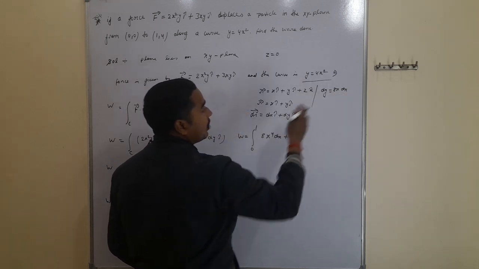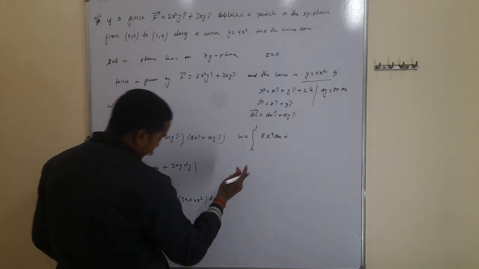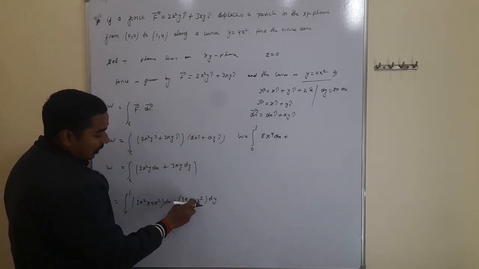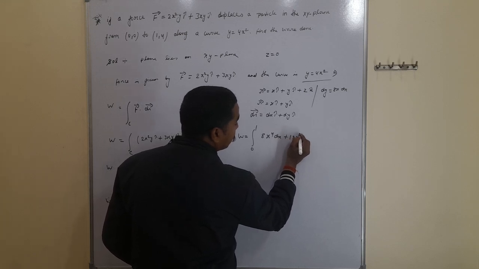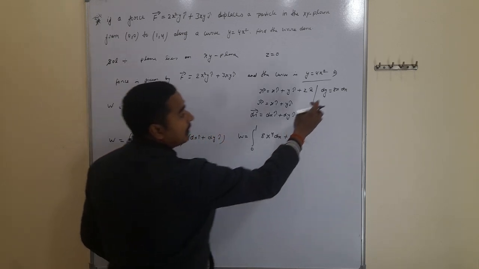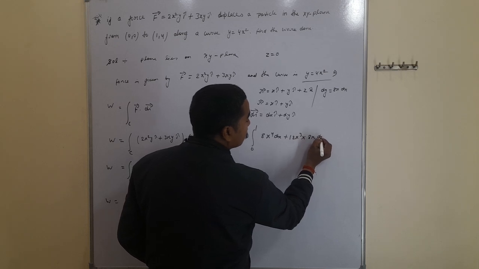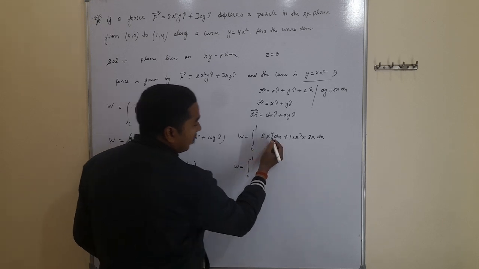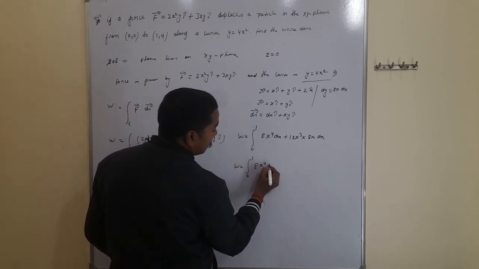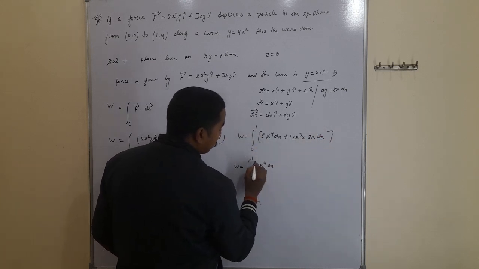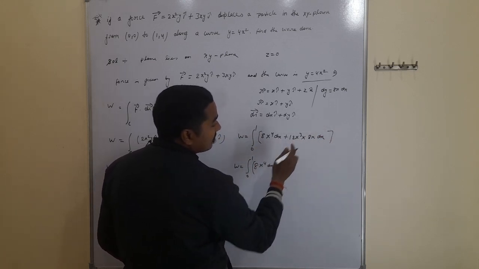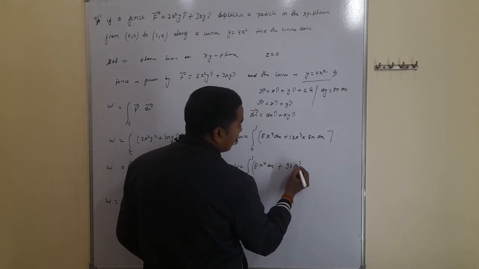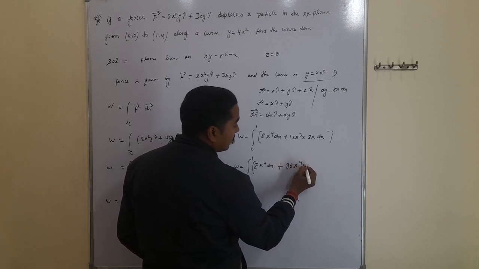Putting the value of dy here, we get 8x⁴ dx plus 12x³ times 8x dx. Further, the work done is the integral from 0 to 1 of 8x⁴ dx plus 96x⁴ dx.